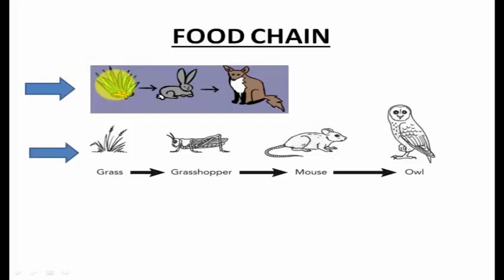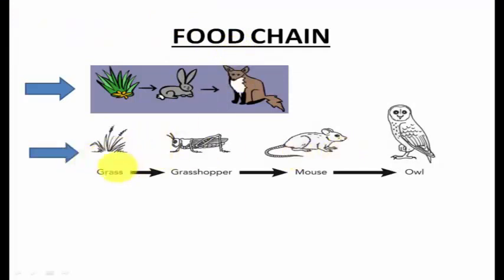The primary producer becomes food for the rabbit, and in turn the rabbit becomes food for this wild animal. So the food is transferred from the primary producer to the primary consumer and then to the secondary consumer. So this becomes a simple food chain. And how many steps does it have? It has 3 steps. The first is the plant, the second is the rabbit, and the third is the wild animal.